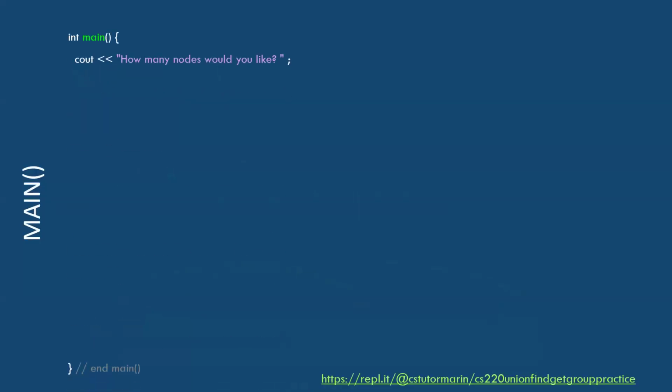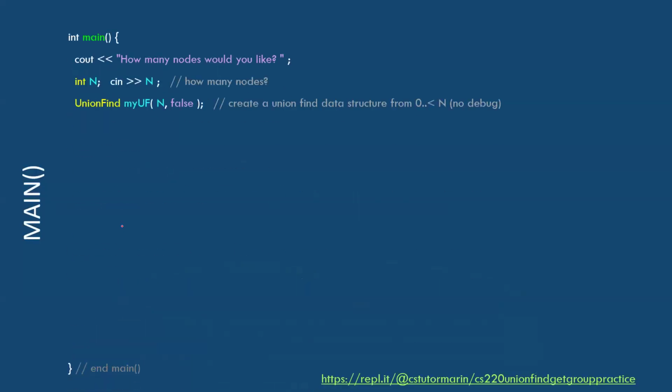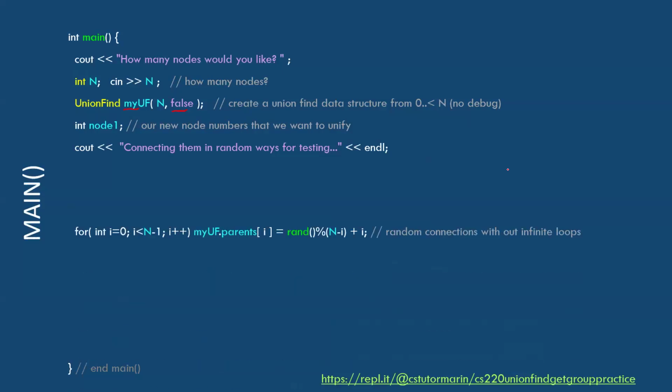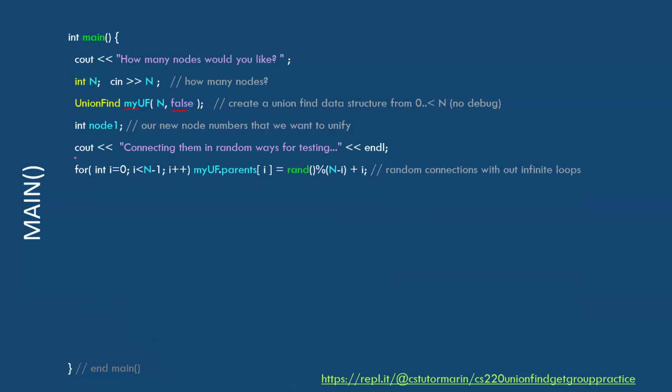But first, let's look at main. How many nodes? Go ahead and create our structure. This is just a little debug thing I threw in there. And we will ask the user, we're going to build some random connections. So we're going to build a random network up here, and then we'll go ahead and print it out.